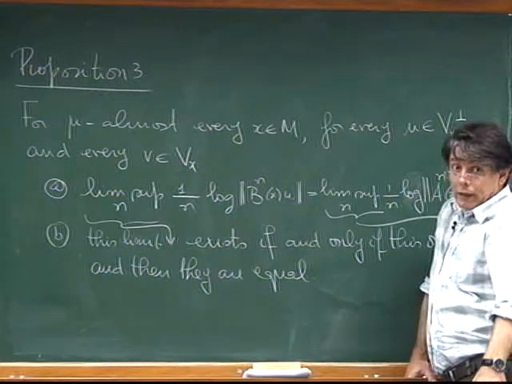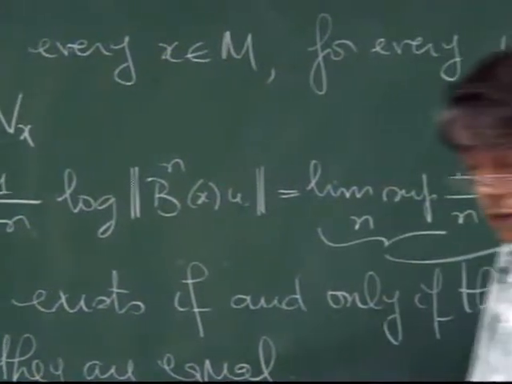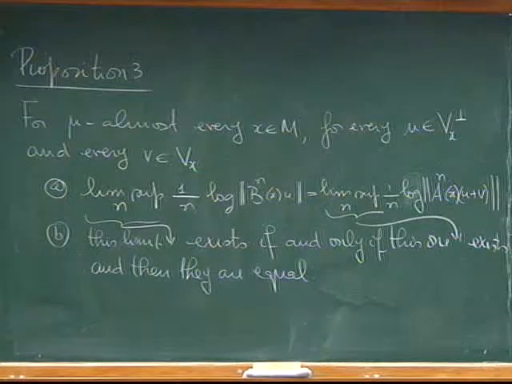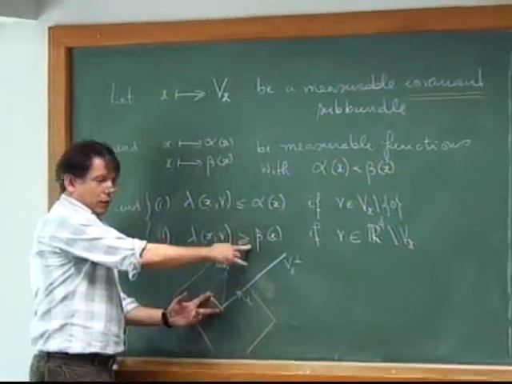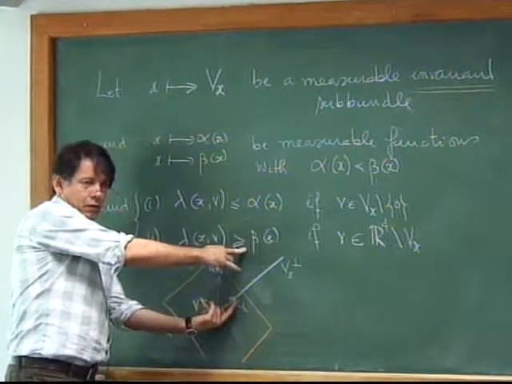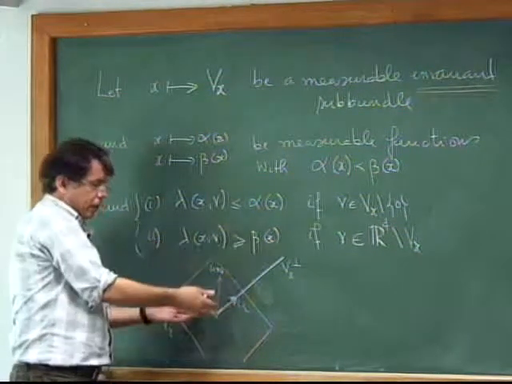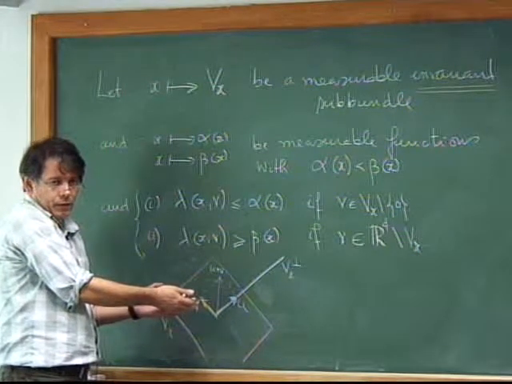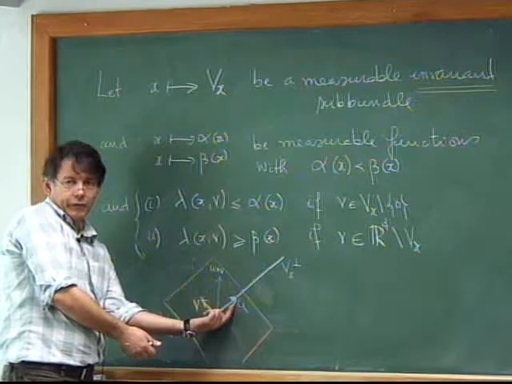Let's see, do we believe in that or what? Let's think a little bit. This vector is growing slowly. The other one grows fast. If I look at the sum of the two, the fast one is going to determine how the sum grows.